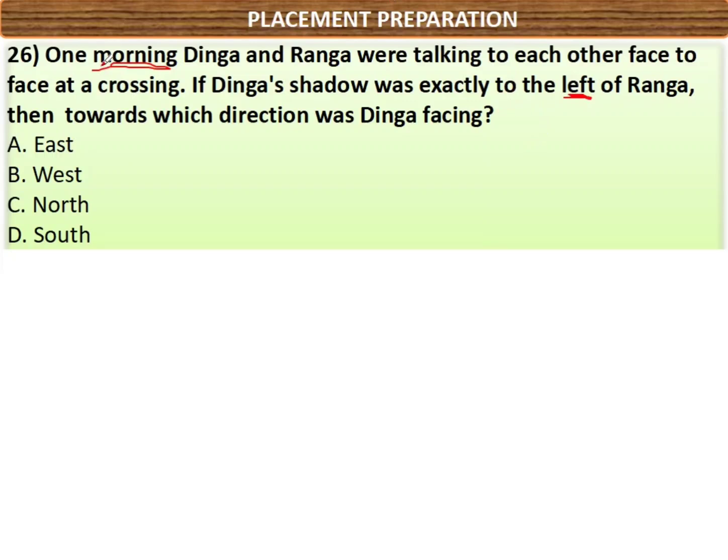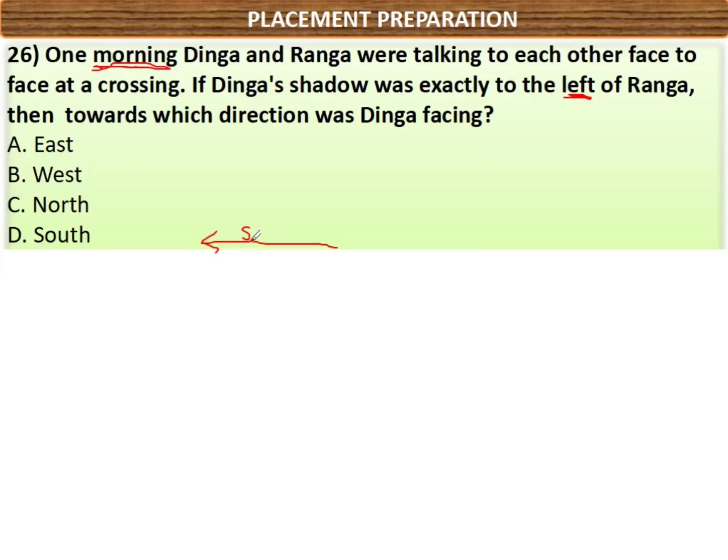So how to solve it? Morning time. First of all, whether it is my shadow, your shadow, or anybody's shadow on this earth, the morning shadow will always fall towards the west side. This is the shadow. Clear?